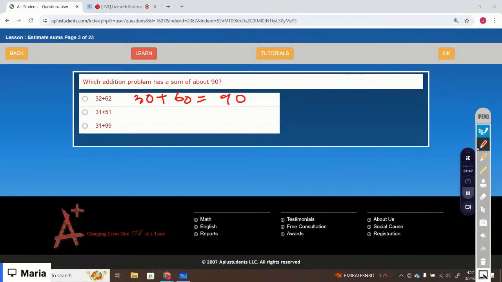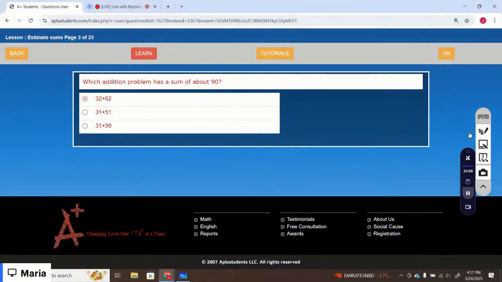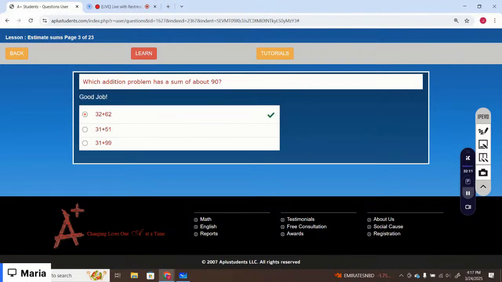So that is the correct option because when added, they make 90. So option number 1 is the correct option. The correct option is option number 1, 30 plus 60. 32 plus 62, their sum is about 90.